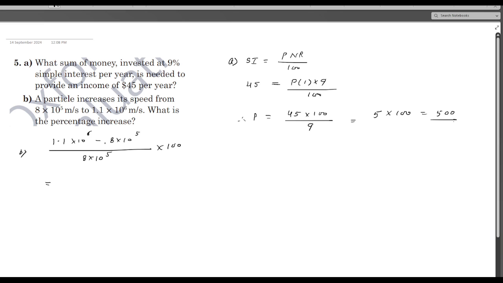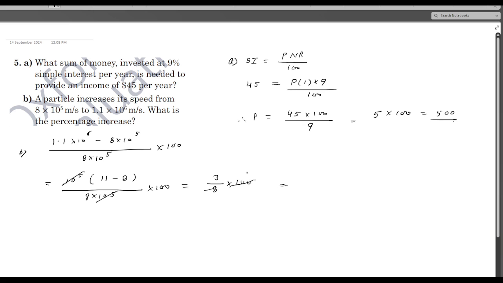Now do one thing, take 10 power 5 common. So when you take 10 power 5 common, here 10 power 6, only 10 will remain in multiplication. So 1.1 into 10 will give me 11, minus here 8 is remaining, divided by 8 times 10 power 5. Now this 10 power 5 will cancel, this whole into 100. So this gives you 11 minus 8 is 3, divided by 8 times 100.